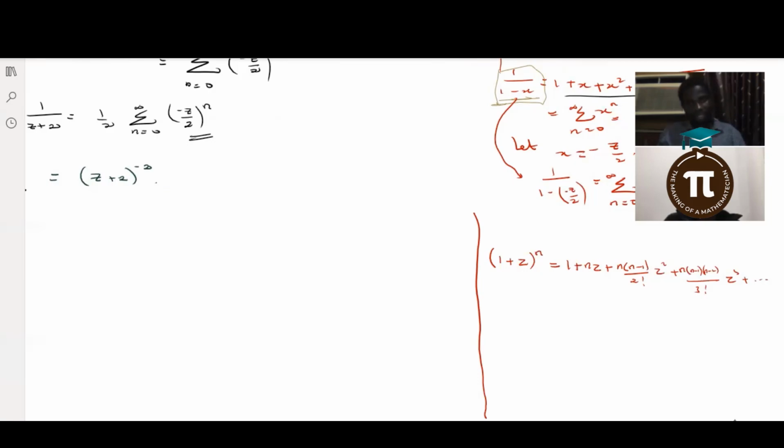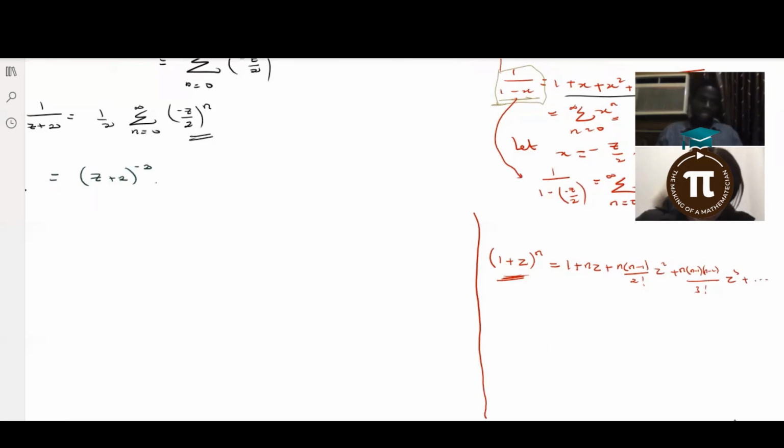I'll try to write this in this form. How? Did you put n minus 2 there? So n times n minus 1 times n minus 2 divided by 3 factorial, right? Then multiplied by z raised to power 3.